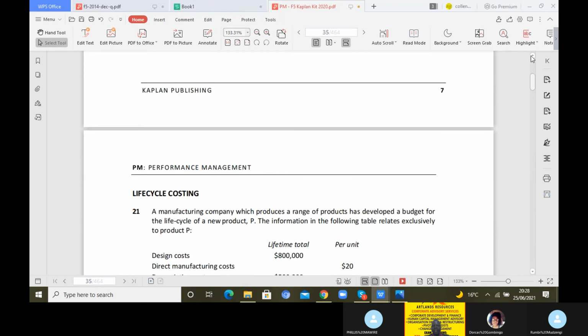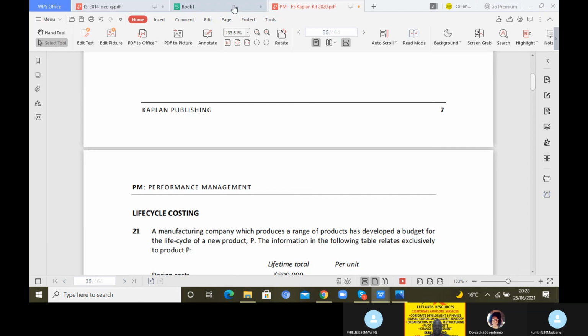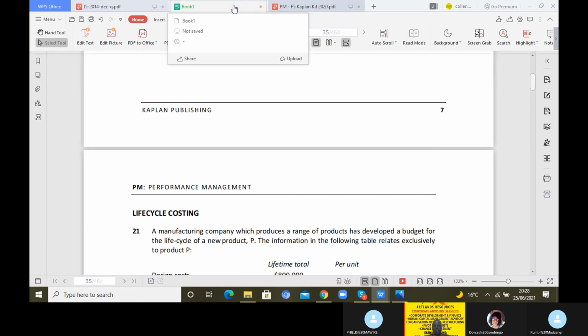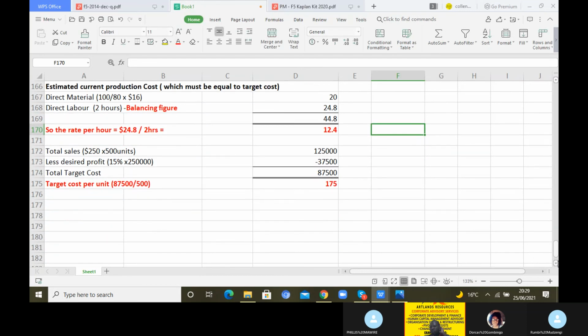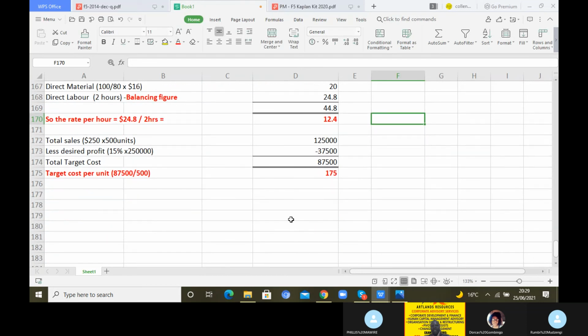But before I sum it up, allow me to talk to you about whether target costing is ideal in a service industry or not. Now, target costing can be used in all industries. Always know that. But target costing is difficult to use in a service industry.